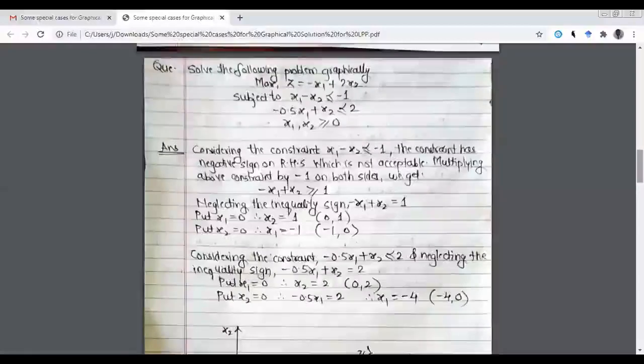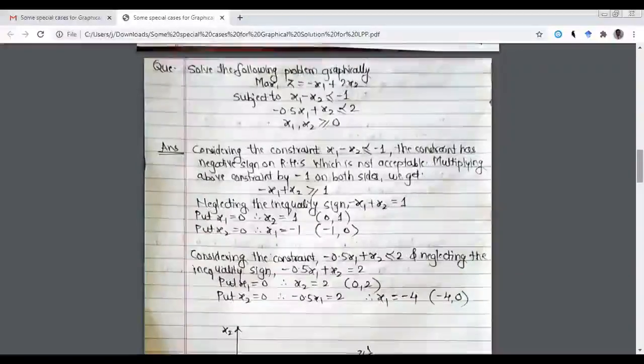So we have a very simple numerical: maximize z equal to minus x1 plus 2x2, subject to x1 minus x2 less than or equal to minus 1, and minus 0.5 x1 plus x2 less than or equal to 2, x1, x2 greater than or equal to 0.